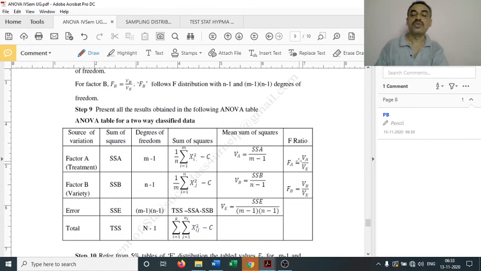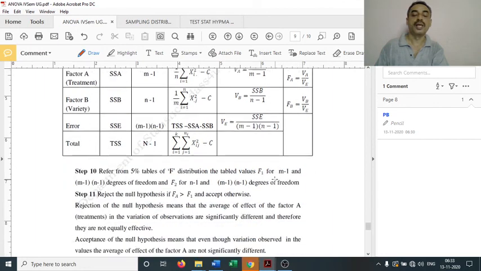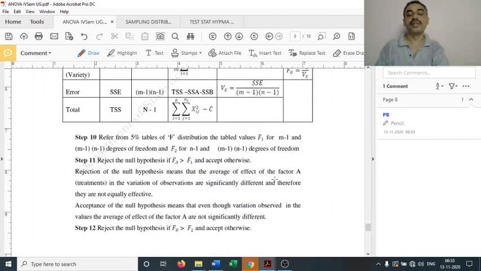Next we have two F ratios. One is for the first factor, that is the treatment mean sum of squares divided by the error mean sum of squares. Next is the variety sum of squares, that is factor B, mean sum of squares divided by the error mean sum of squares. The same principle of the relation connecting the chi-square distribution and the F distribution is considered.